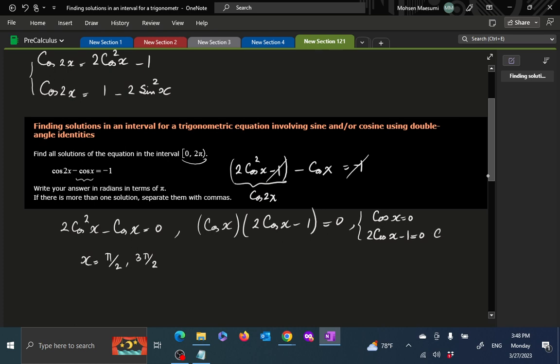The other one gives me cosine of x is equal to 1/2, and for that I get x is equal to pi third, and then 2 pi minus pi third, which is 5 pi third. These two possibilities are there.